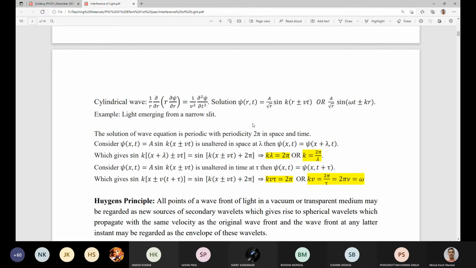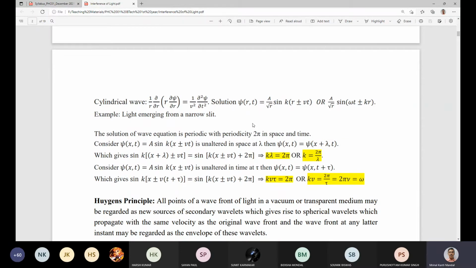Now another thing we should remember: whether these waves we are discussing are plane wave, spherical wave or cylindrical wave, I have already mentioned that the wave is periodic in space and time, right? It is periodic in space and time. So how will we establish this?